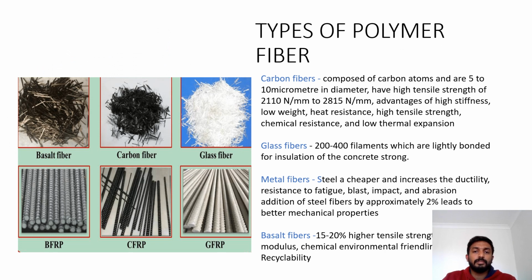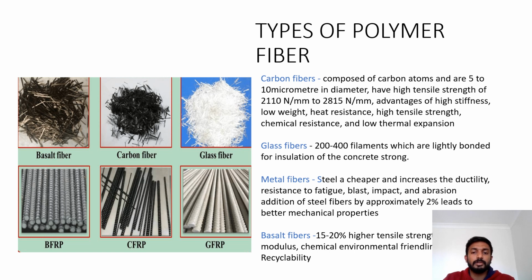What are the various types of polymer fiber? Carbon fiber, glass fiber, metal fiber, and basalt fiber are some of the polymer fibers. Carbon fiber is composed of carbon atoms with 5 to 10 micrometers in diameter, having high compressive strength, low weight, high heat resistance and high tensile strength.